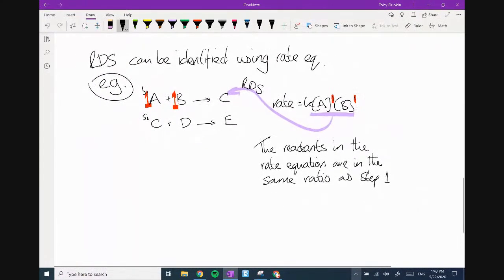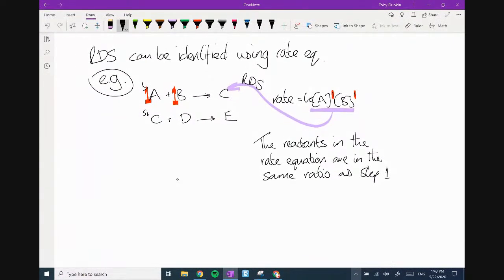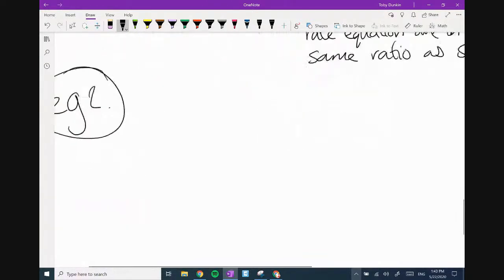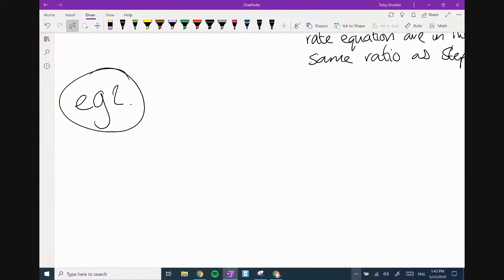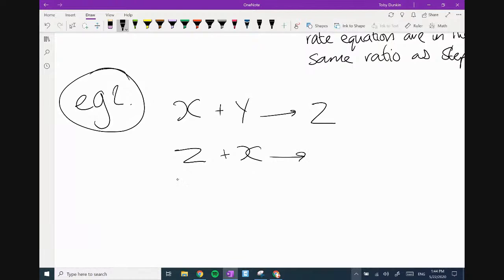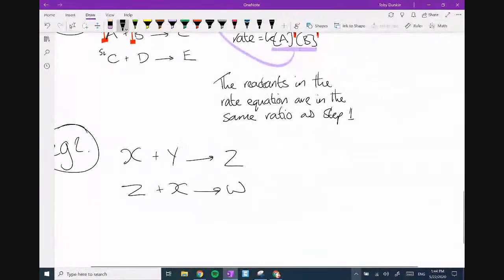Let's get them slightly harder. Let's do example 2. I'm going to have, do you know what? I shouldn't do the same letters because it doesn't half get confusing if I do that. X plus Y goes to Z. Z plus X goes to W. Two steps.